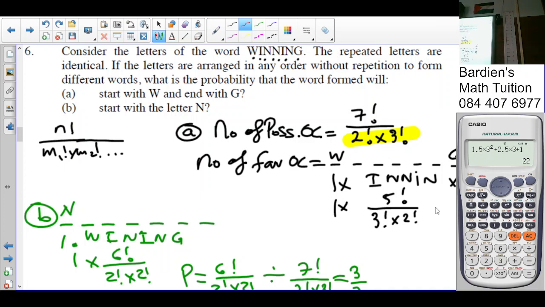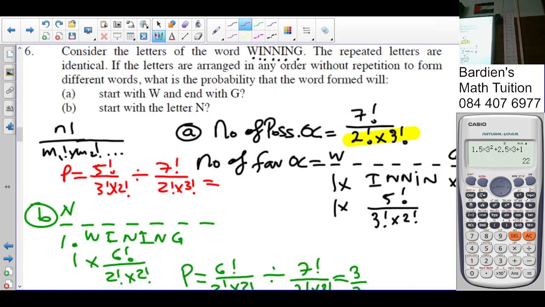So the probability is going to be, you start with the letter W, it ends with G. So the favorable outcomes is going to be 5 factorial over 3 factorial times 2 factorial, which must be divided by 7 factorial over 2 factorial times 3 factorial, which then gives me again 5 factorial over 7 factorial, which is also 1 out of 42.